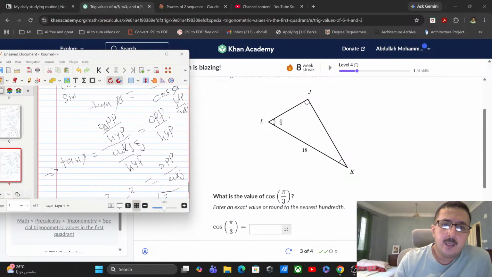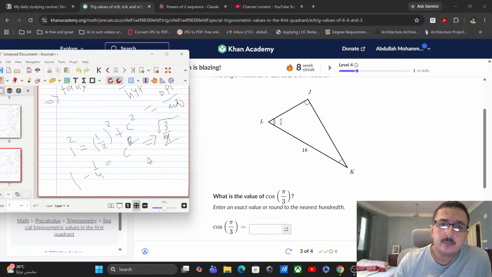Sine, cosine is adjacent over hypotenuse. So adjacent, this is it, over hypotenuse. And this is, what did we say? Yep.